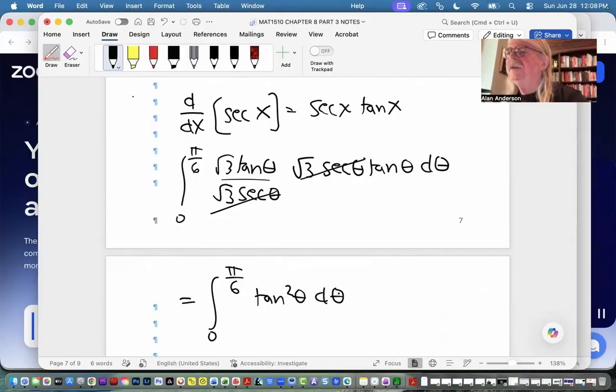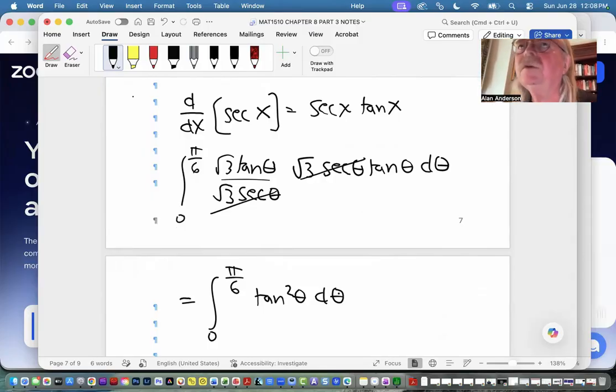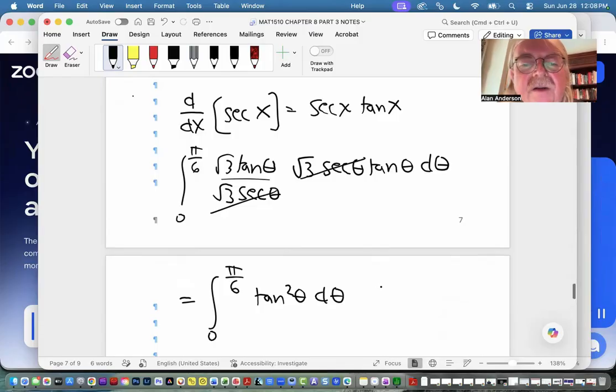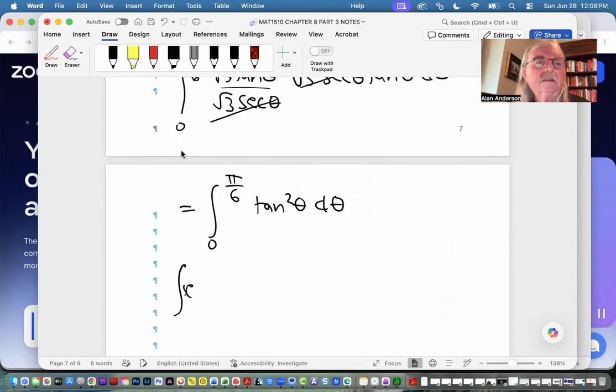All right, now what do we do with this? Well, if you look at your rules of integration for a tangent squared, you won't find it. But there is an integral for secant squared. In other words, let me just fix this up.